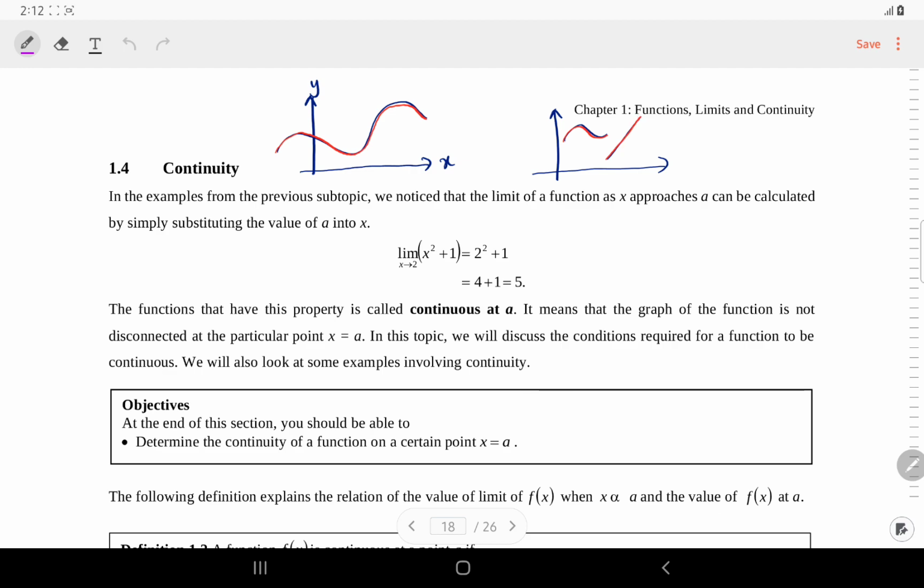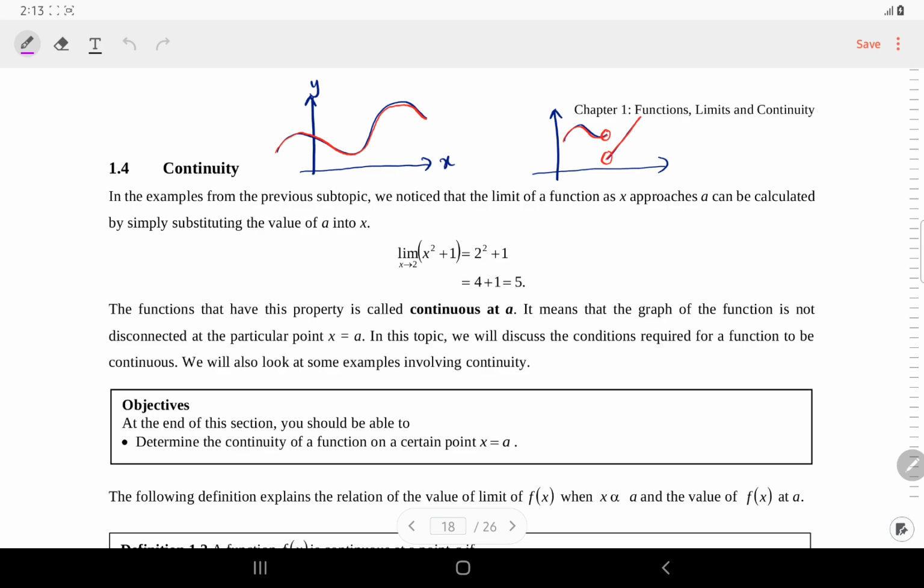We can see that from here to here, we lift our pencil. So this is an example of a discontinuous graph.